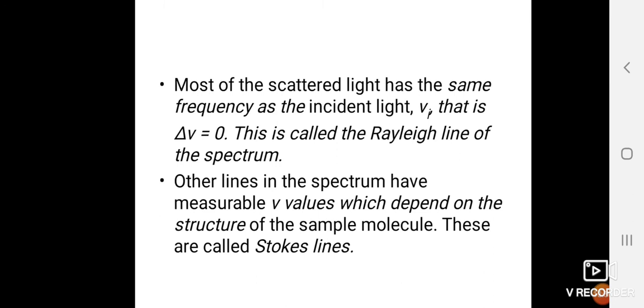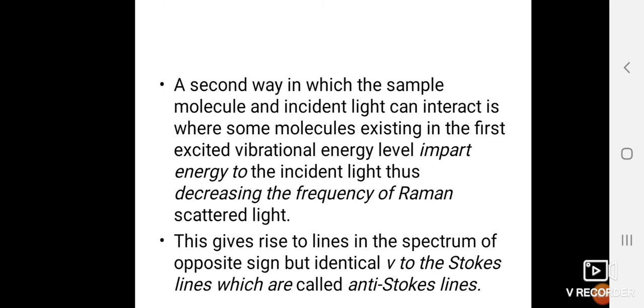The other lines of the spectrum have measurable frequency shifts that depend upon the structure of the sample molecule, and we call these the Stokes lines. There is another way in which the sample molecules and the incident light can interact, where some molecules existing in the first excited vibrational energy level impart energy to the incident light, thus increasing the frequency of the scattered light, because energy is imparted, so energy increases, frequency increases.